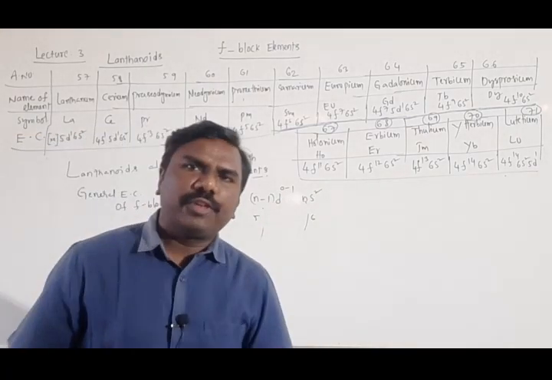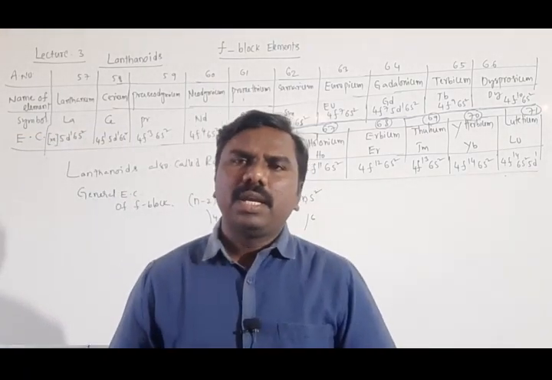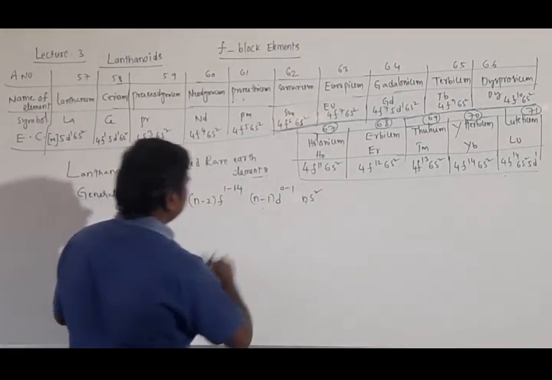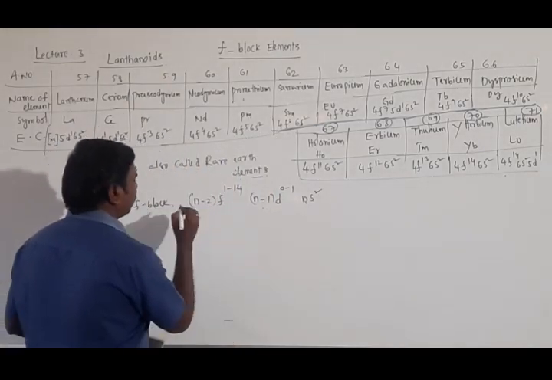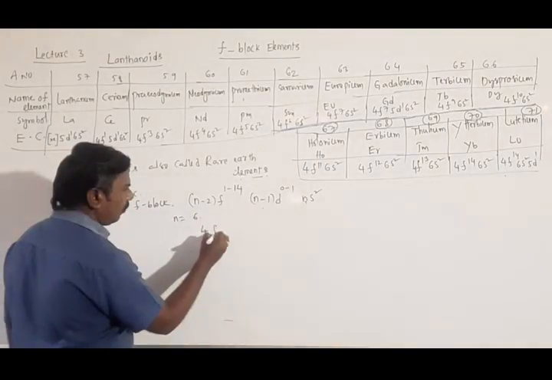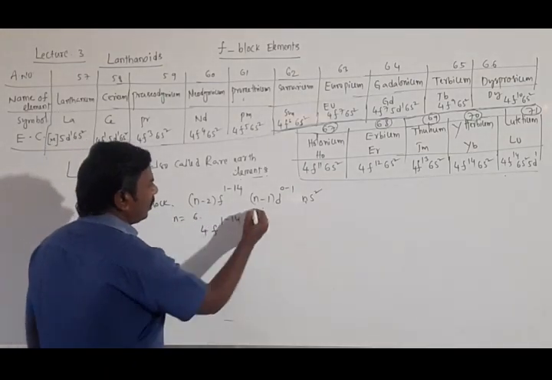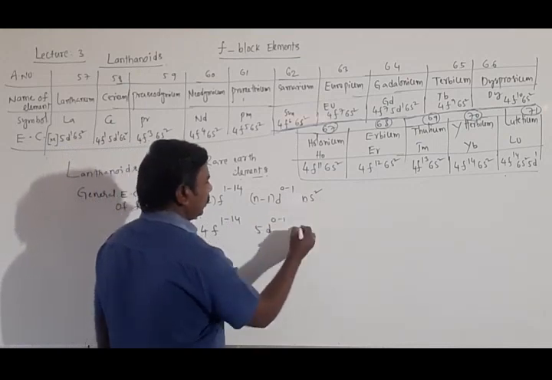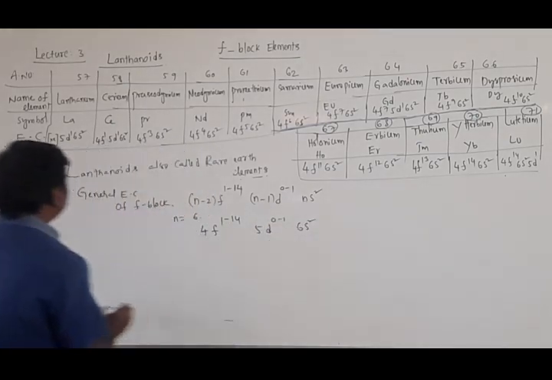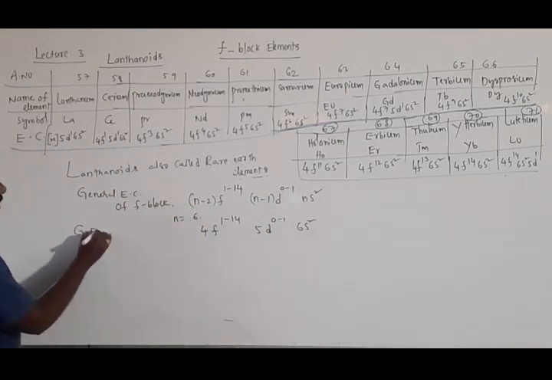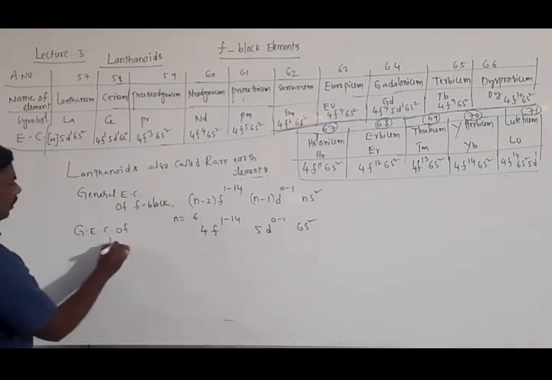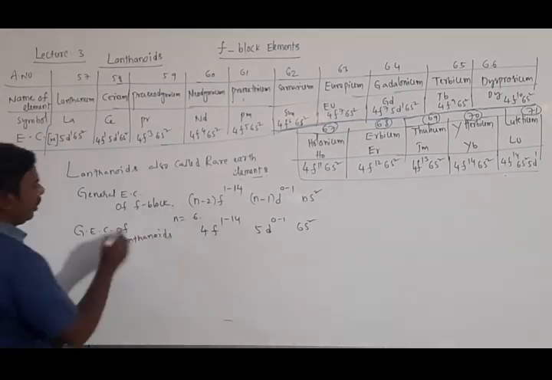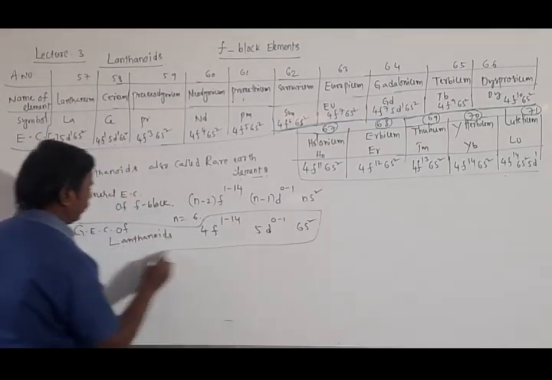Observe clearly, students, where n is equal to 6: 6 minus 2 is 4f 1 to 14, 6 minus 1 is 5d 0 to 1, and 6s2. It is the general electronic configuration of lanthanoids.